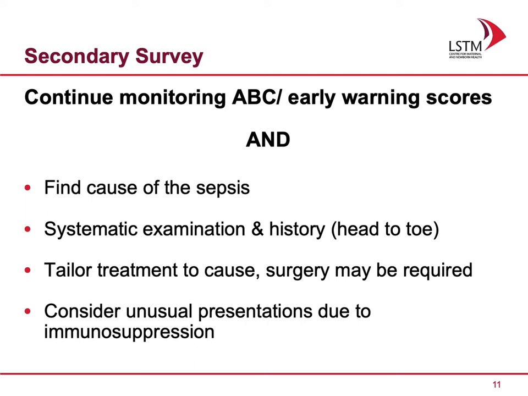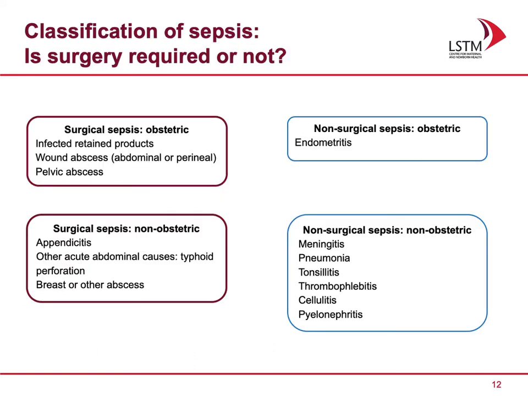And the examination should be from head to toe. And then we'll be able to tailor our treatment to the cause, because sometimes surgery is also required to treat cases of sepsis. And we can remember that sometimes there are less usual presentations in cases where there's some immunosuppression.